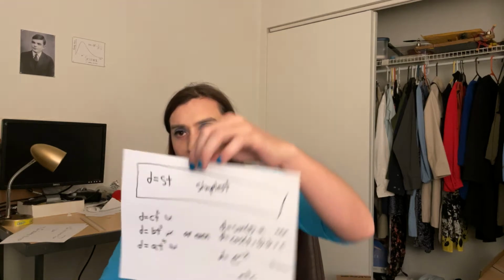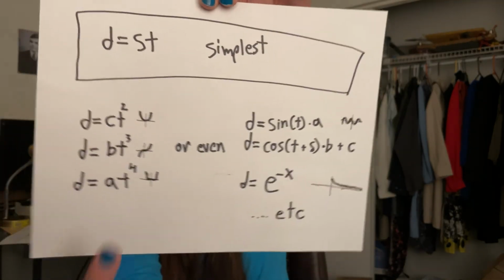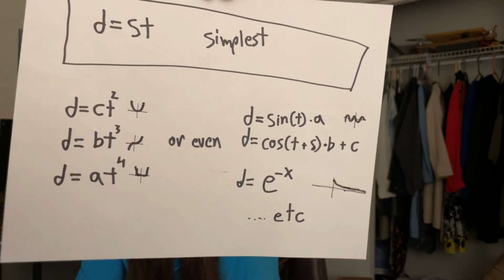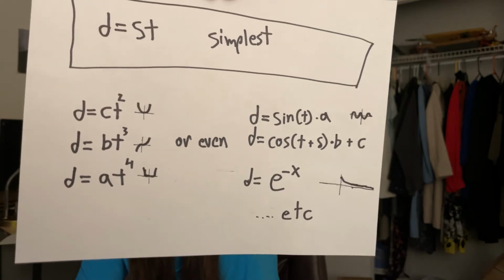So, let's go back for a minute and look at what functions we could use to describe motion, because we know it's more complicated than just moving in a straight line. Okay, what are all the functions that we learned? In a typical algebra class, you learn things like polynomials. In just middle school algebra, we could say that something is proportional to the time squared, the time cubed, the time to the fourth, something like that.